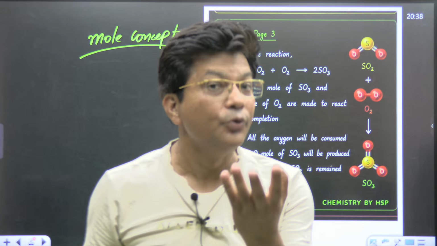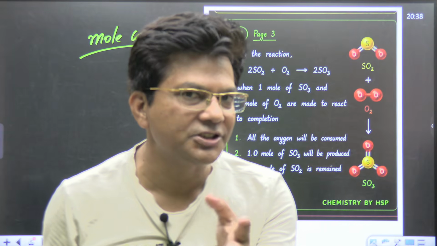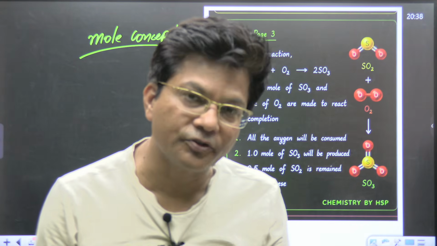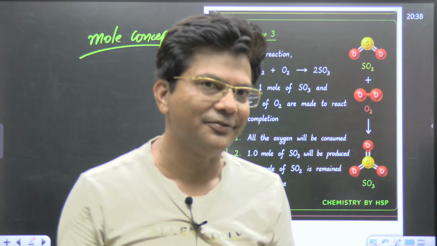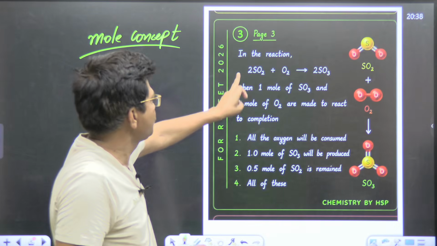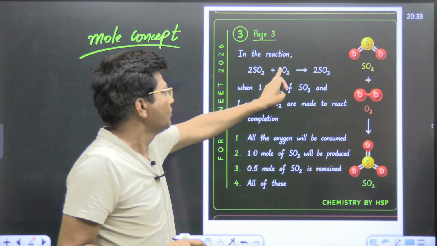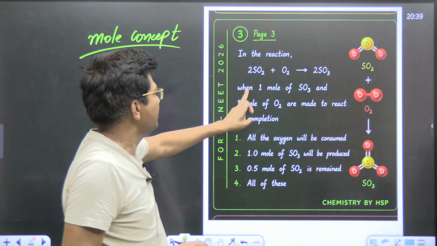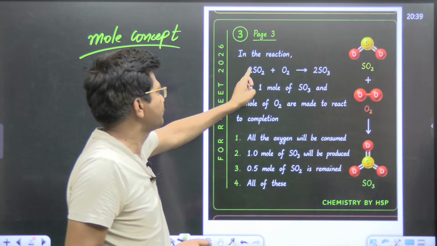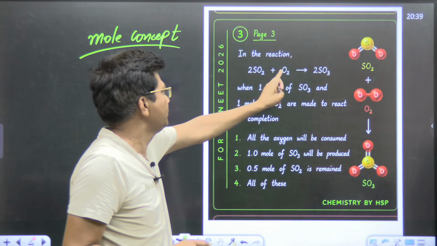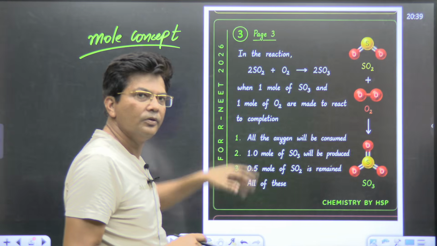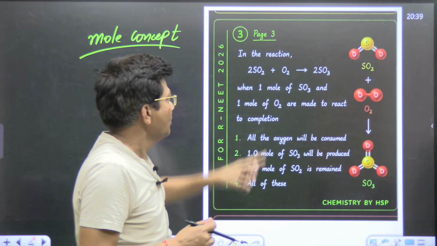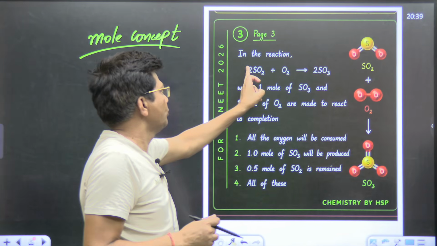Directly you can apply the unitary method. When the balanced reaction is given, you can directly apply mole concept, but I will let you know the NNF rule too. So when 2 moles of this is required, 1 mole will be required. So what they are saying, 1 mole of SO2 is given, half mole of O2 will be required, but 1 mole is given. So who is the limiting reagent?